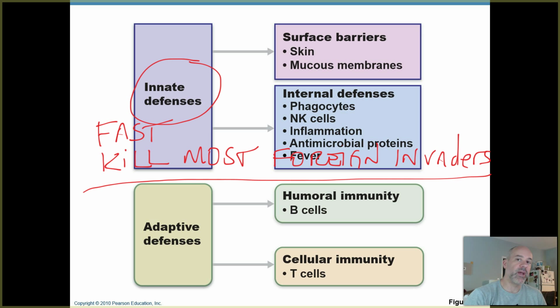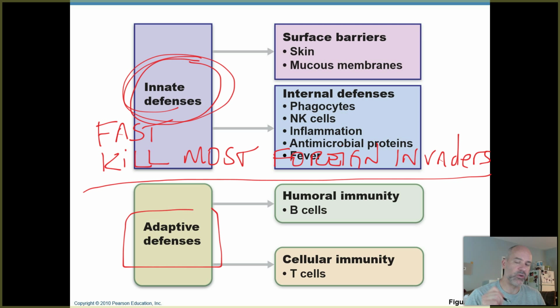Now, some foreign invaders do get past those defenses, and in fact, the ones that make us sick have their own sets of weapons and their own strategies for getting around our innate defenses. That's why they're actually able to get inside our bodies and stay there and multiply long enough to wind up making us sick.